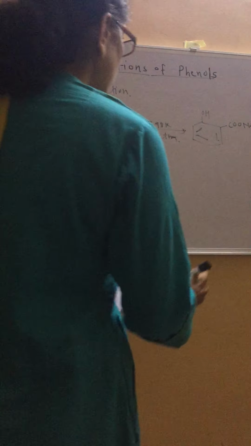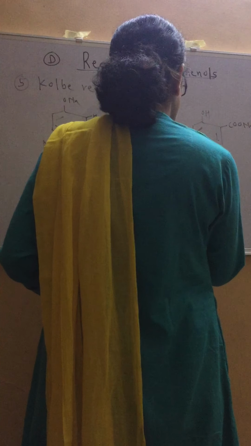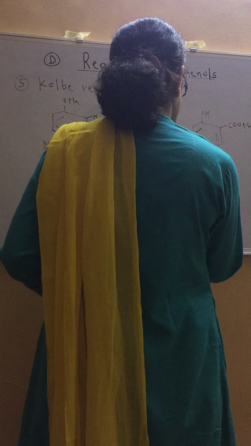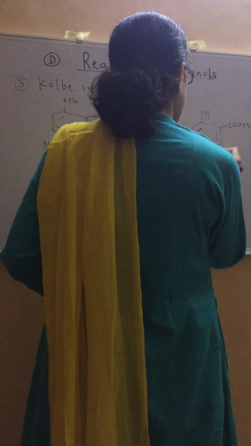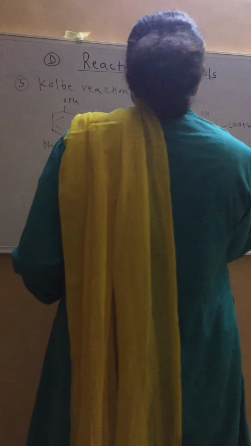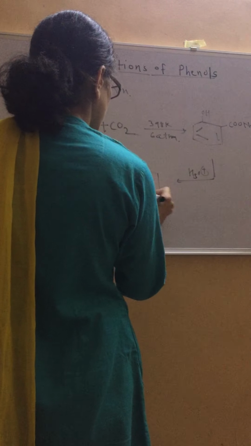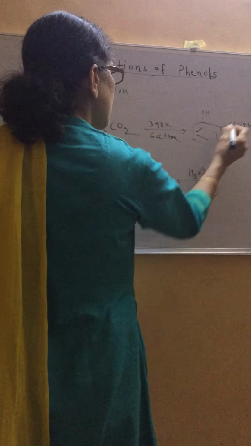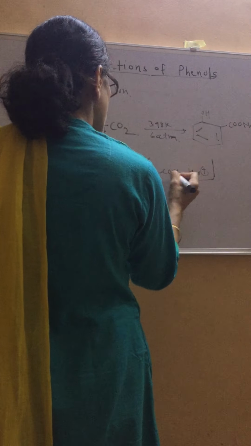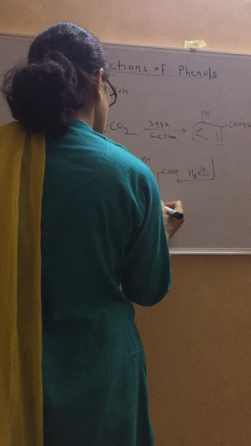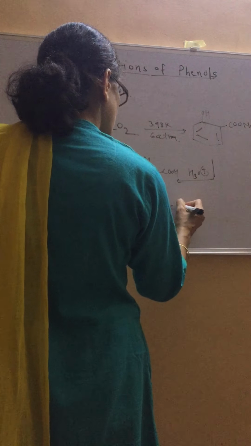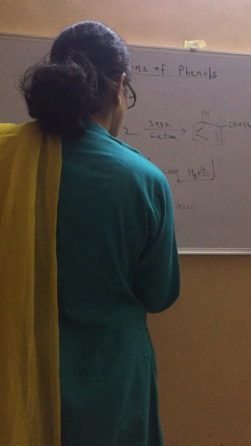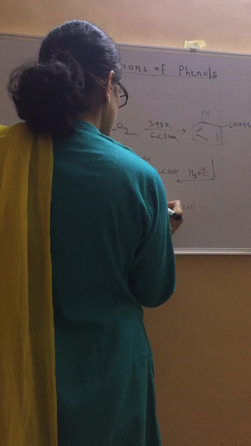This intermediate will undergo further acid hydrolysis, and it is converted into salicylic acid. So OH and COOH, that is aromatic carboxylic acid, salicylic acid.